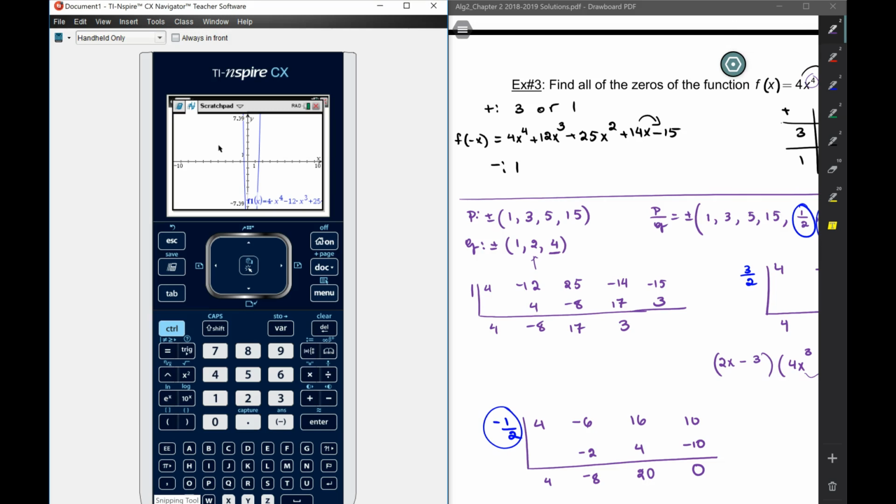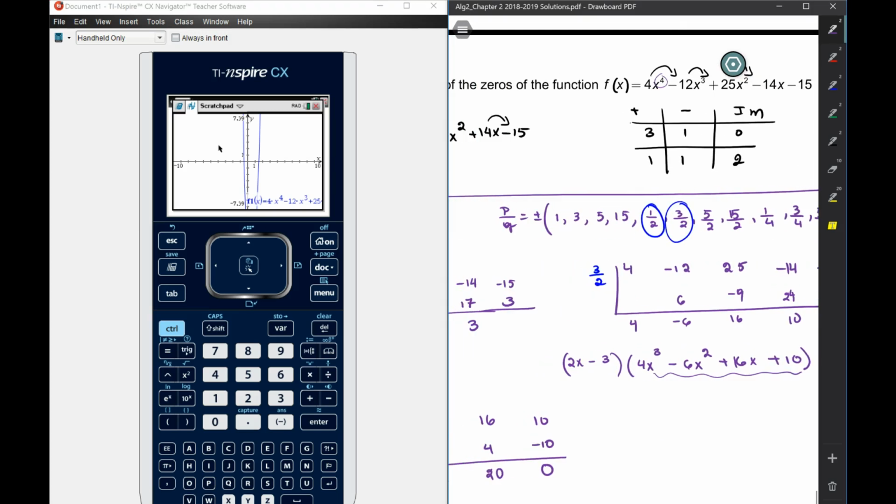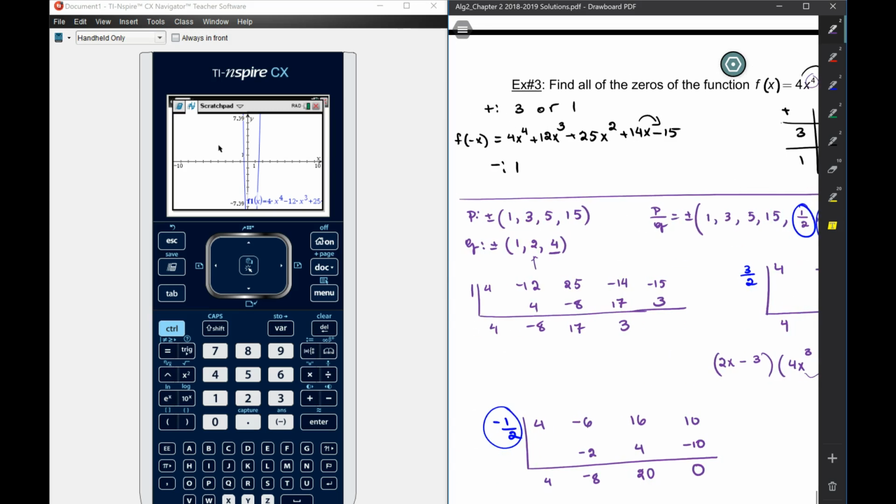Now it's time to pick numbers for synthetic division. And if there are this many, that's crazy. I don't want you guys to be doing this many synthetic division problems. It'll take all day and it's worthless. So I look on the graph. You see where the zeros are. I choose one of the zeros. So for the first one, I chose, luckily, 3 over 2, and we did 3 over 2.